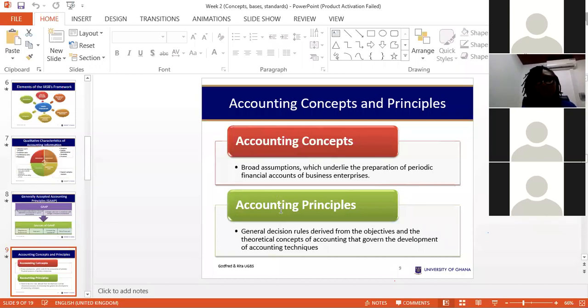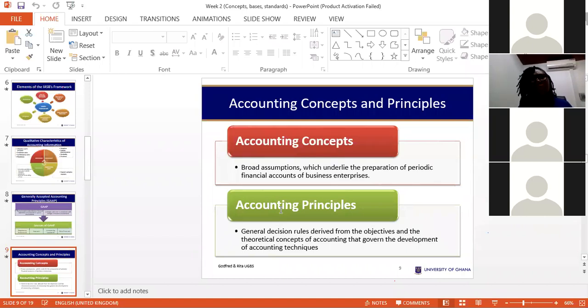Then we have the principles, which are the general rules that have been derived from the objectives. Every transaction, we have an objective. Every accounting issue, there is an objective. When the standard setters and the people who put together the principles are putting it together, the question is, why do we have to do this?